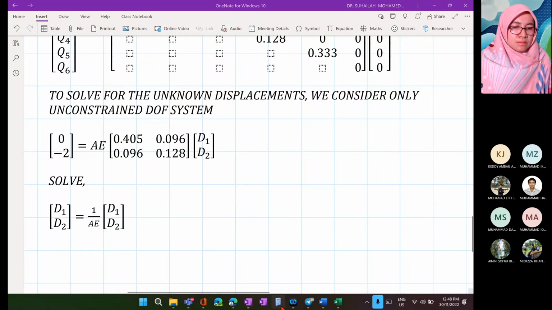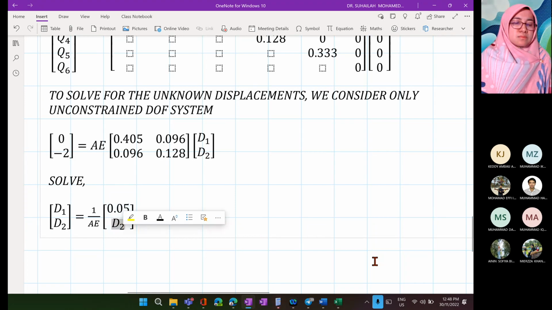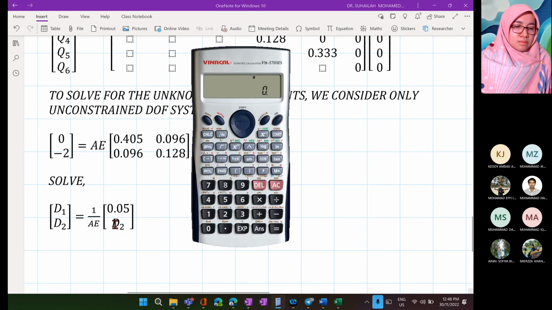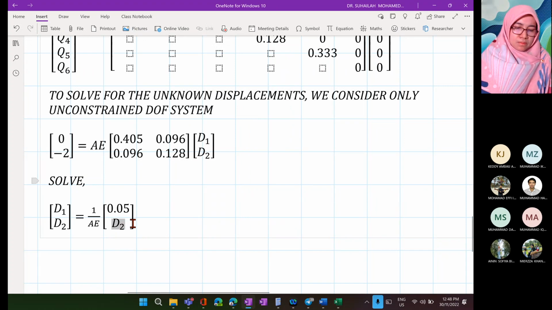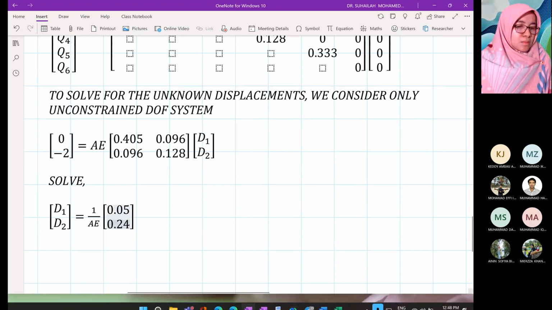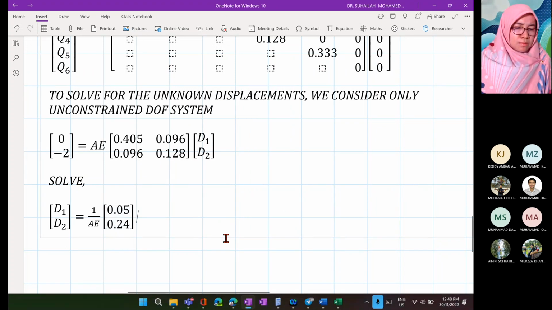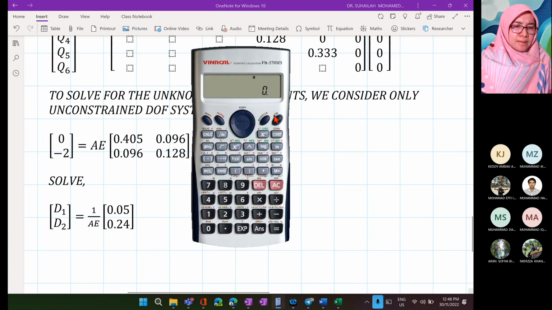One negatif 0.05. 0.05? D2? 0.28. 0.24. Is it right one? Yang lain?